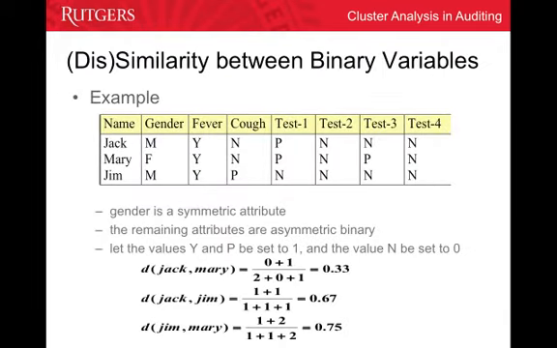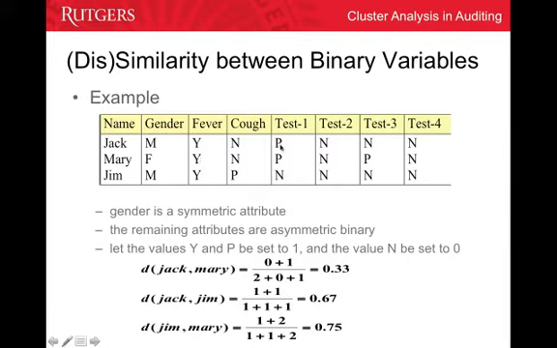For example, we have this data set, which has variables 1, 2, 3, 4, 5, 6, 7. We can see that the first variable, gender, is a symmetric variable, because male and female have equal importance. While the other variables like fever, cough, and tests 1, 2, 3, 4 are asymmetric binary variables, because fever equals yes is more important than fever equals no. Okay?